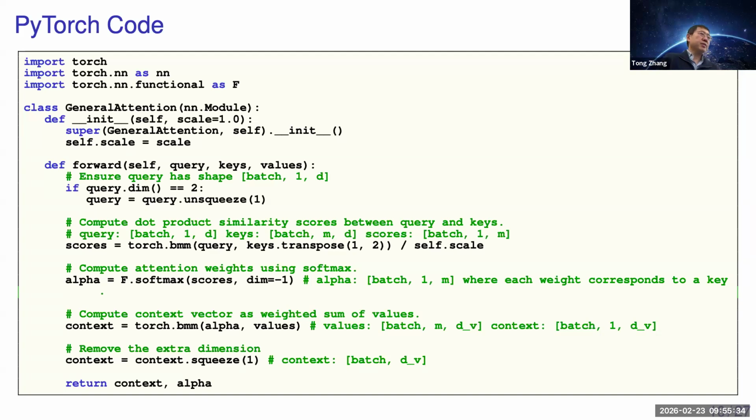So roughly this is just the implementation. You can take a look, or if you're not interested, just look at what it produces. Basically, given a query and a batch of keys, it will produce a weighted sum of values and return your products.